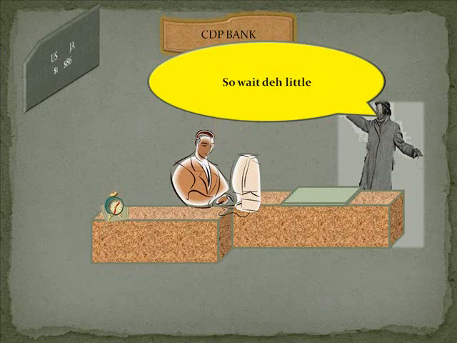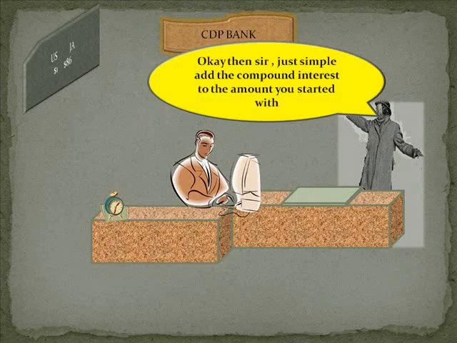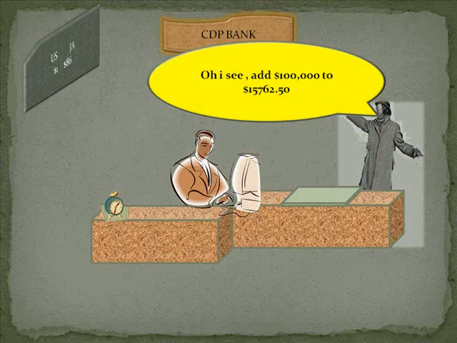So wait a little. So how do you find the amount accruing? Okay then, sir. Just simply add the compound interest to the amount you started with. Oh, I see.